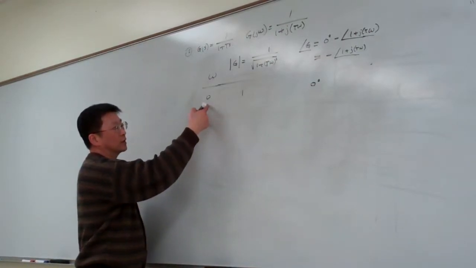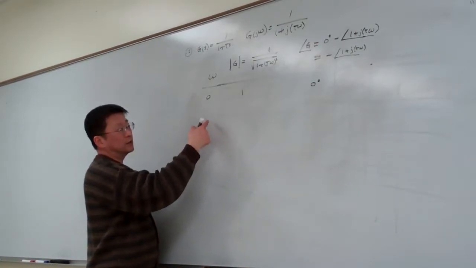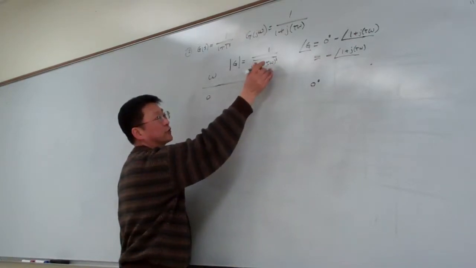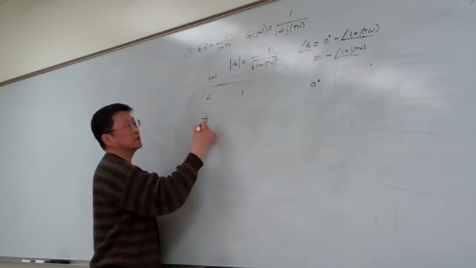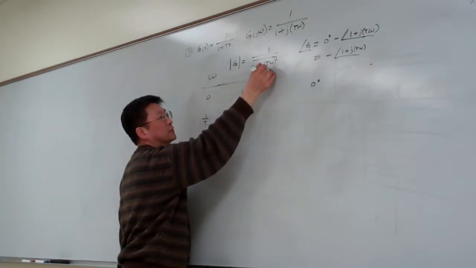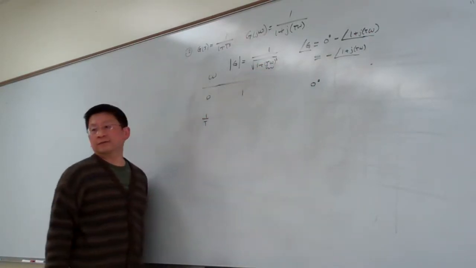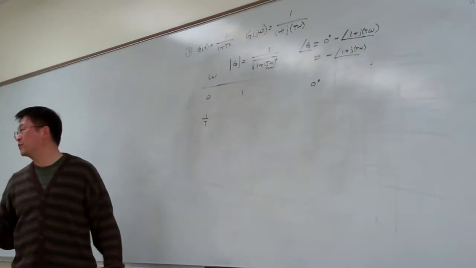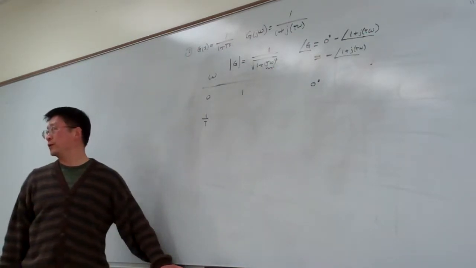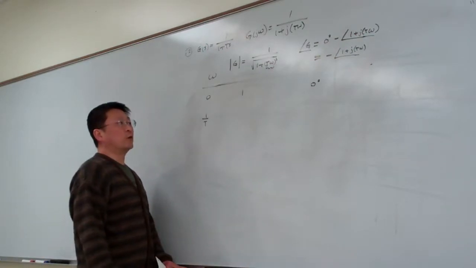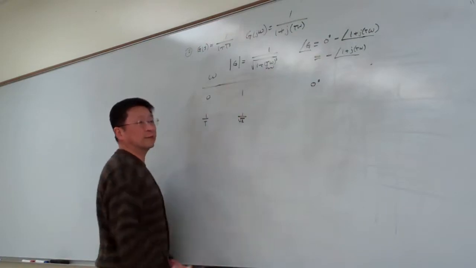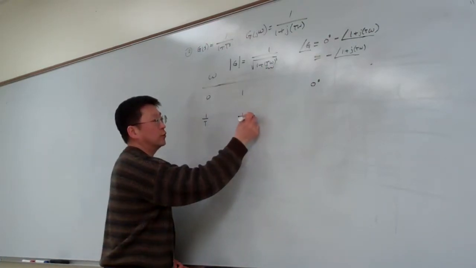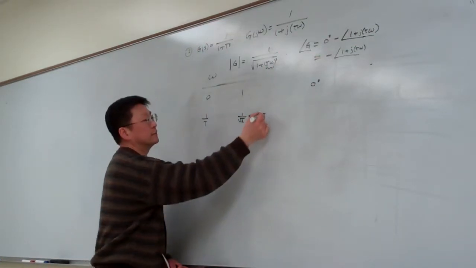When omega increasing, and here in particular, we like to go to the corner frequency. For this case, the corner frequency is 1 over T, such that Tω becomes 1. Okay, so that kind of particular point we always try. In this way, the magnitude will be equal to 1 over square root of 2, and that one about 0.707.